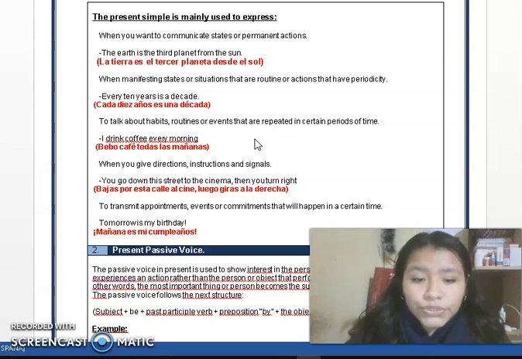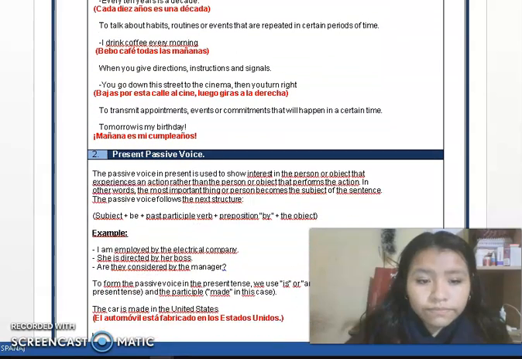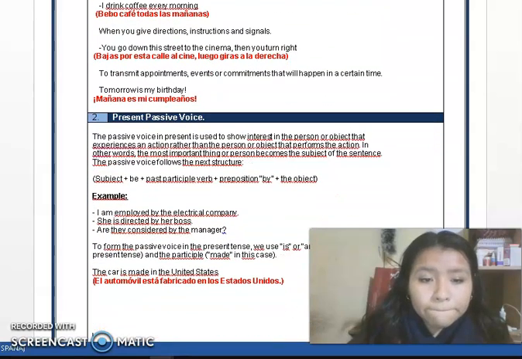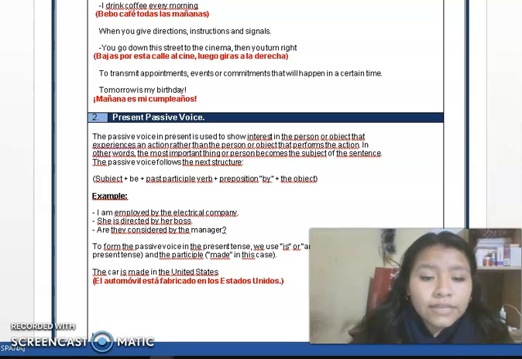Question number 2. The present passive voice. The passive voice in the present is used to show interest in the person or object that experiences an action rather than the person or object that performs the action.